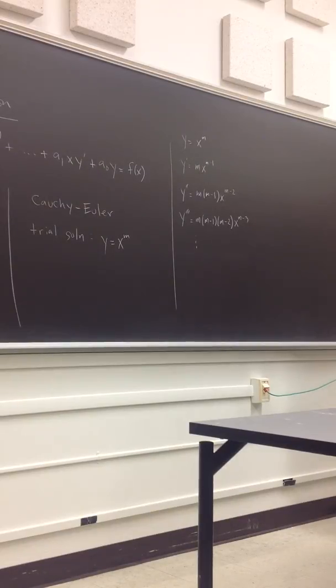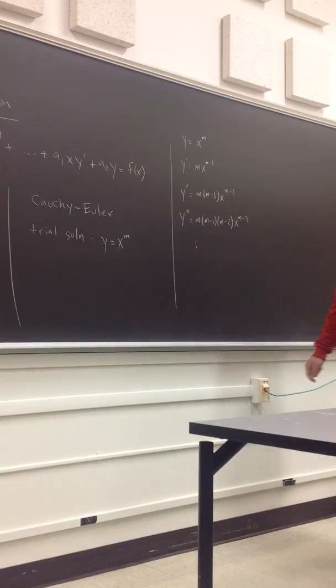So in each term, the power of x is equal to the order of the derivative of y. Each of the derivatives has an x to the m minus whatever term, so they're all going to have x to the m times x to the minus whatever that is. Every term will have a factor of x to the m.